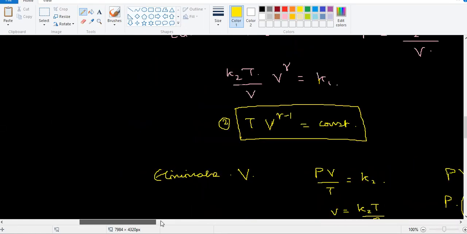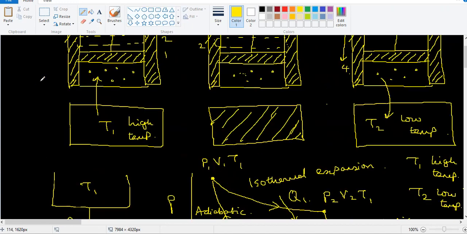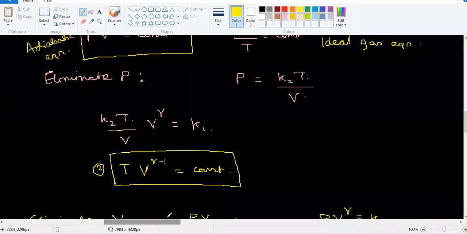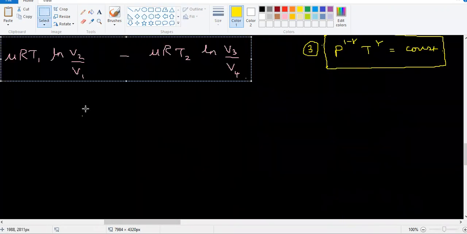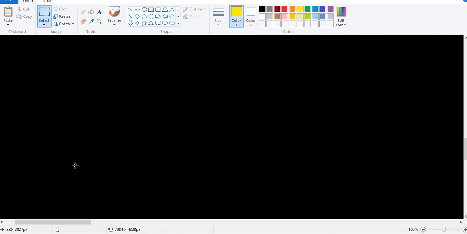I'm going to copy the equation from here again, this graph.